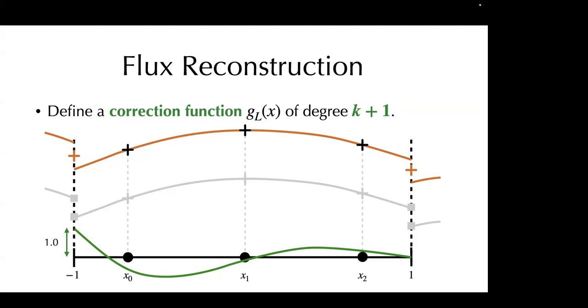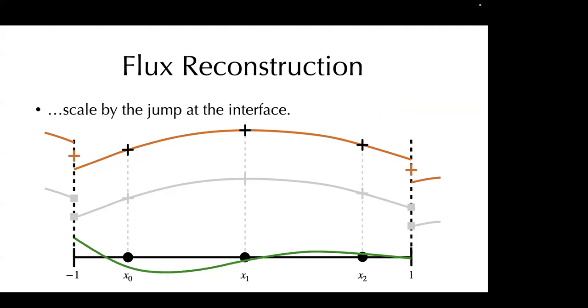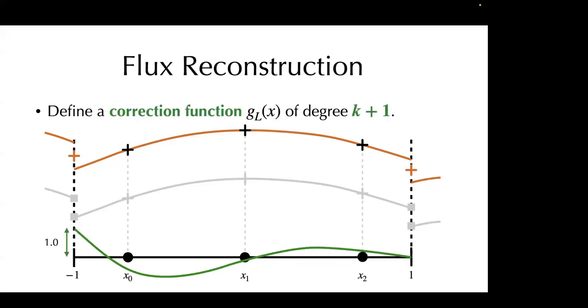What we're then going to do is scale this correction function by the size of the jump at the interface. And what I mean by this is the difference between the common interface flux at the left-hand side, that orange plus symbol, and the value of our flux polynomial evaluated at the boundary.